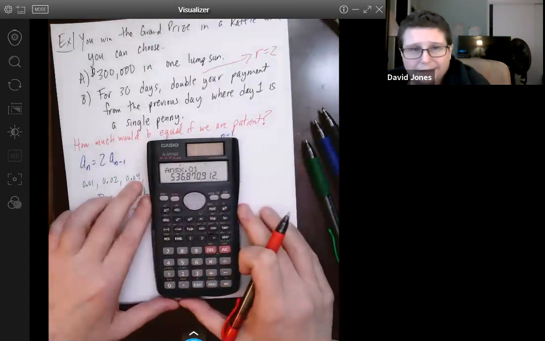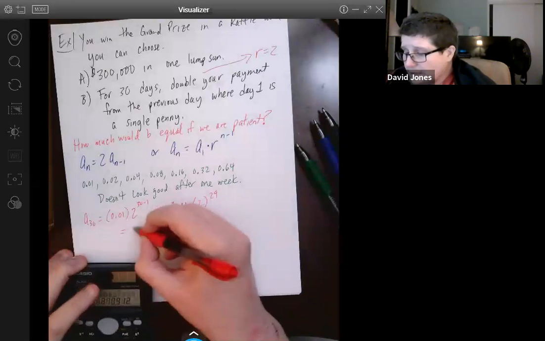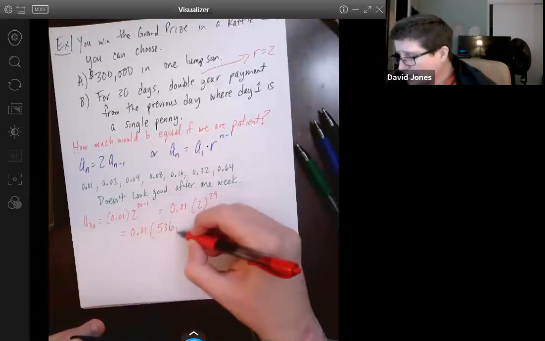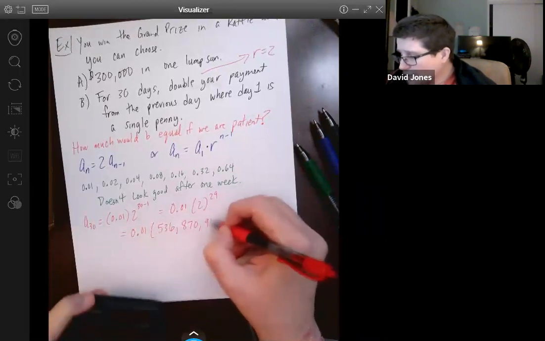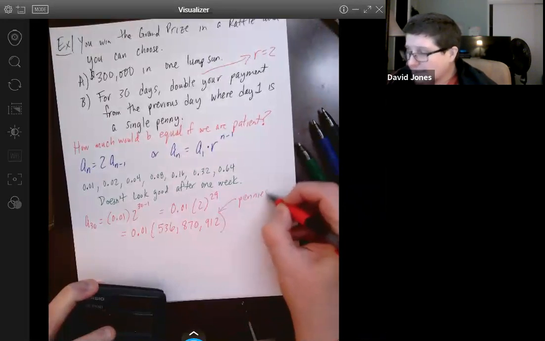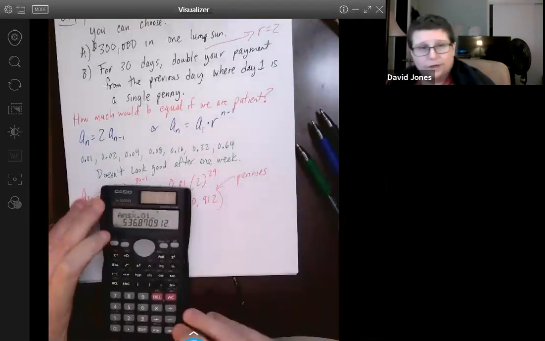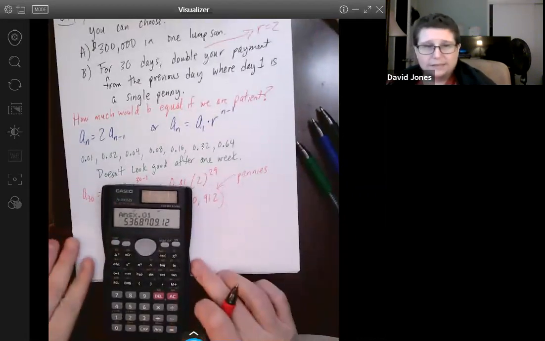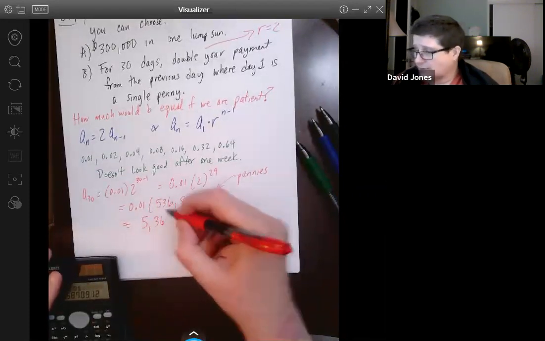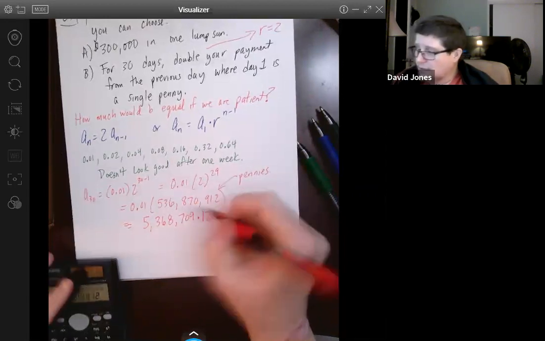That's how many pennies we have on day 30. Multiply that by 0.01, which just shifts the decimal left twice. 5 million bucks on day 30 is a sub 30.